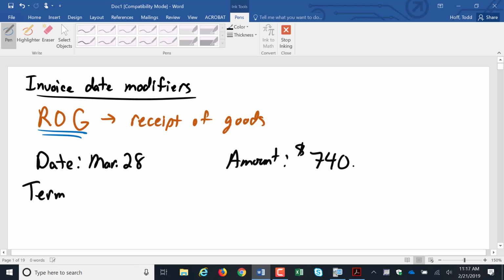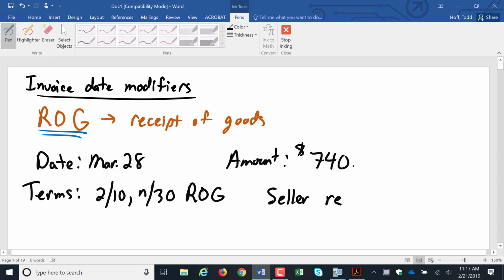Terms. This part's going to be similar to what we've done before. It's going to be 2/10, net 30, net 60, whatever we want to put. We'll go 2/10, net 30, which is just followed by the ROG for receipt of goods. And we're going to put in here seller prepays, let's go $90 in freight.